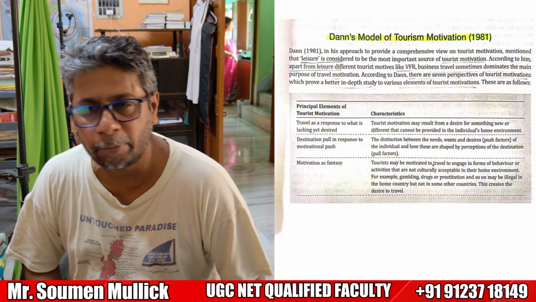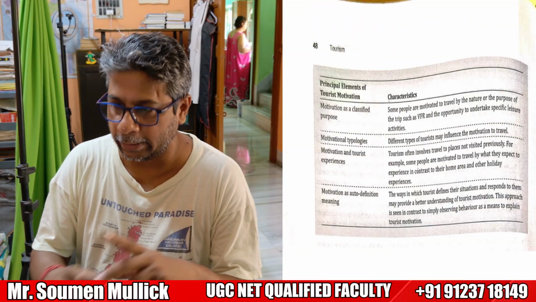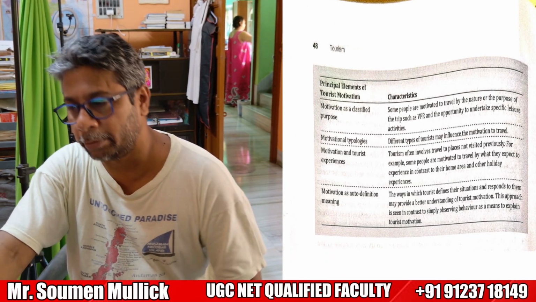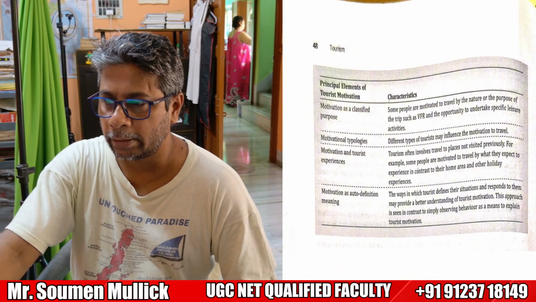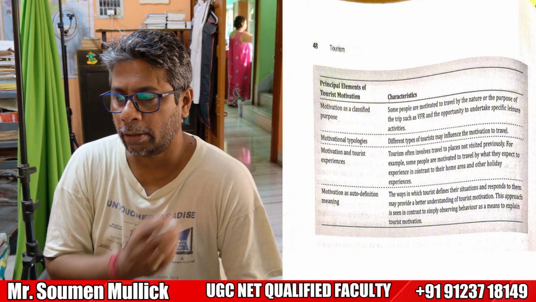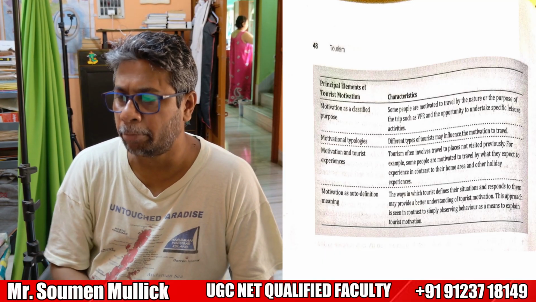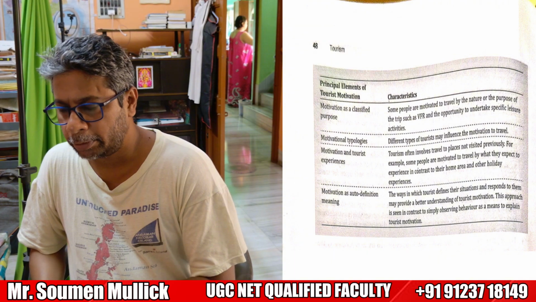Different people have different types of fantasy in their life. Number 4, motivation as a classified purpose. As an example, he has given visiting friends and relatives as a classified purpose, or leisure purpose.